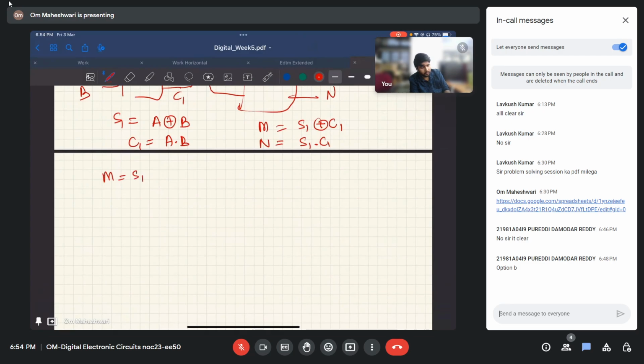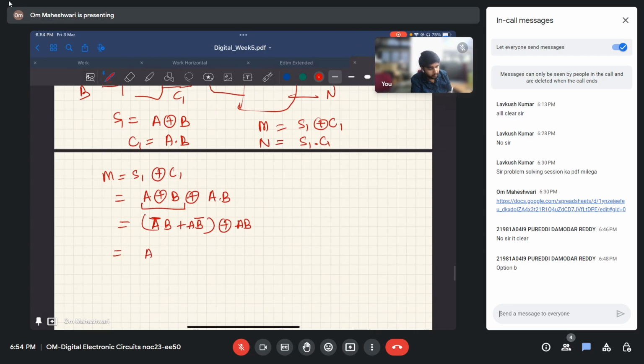So if I expand this, M is S1 XOR C1, right? So S1 is what? A XOR B XOR AB, right? So okay, we can write this part as A bar B plus A B bar XOR AB.